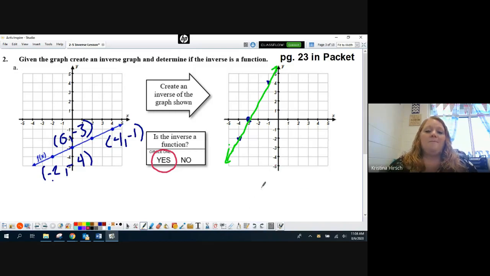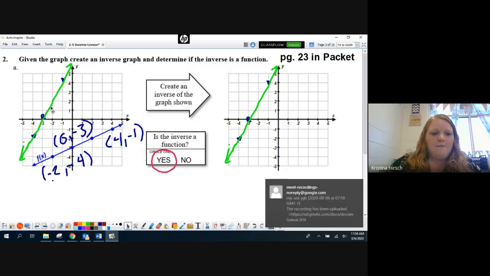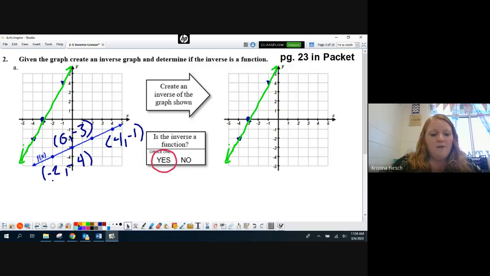All right. Now, one thing I do want to show you on this graph, and I'm going to try to do this where I can pick this up and move it. If I picked this up and I moved it over here, then that's what it would look like if I tried to put them together. So another thing that you need to know about inverses is that they are actually symmetric.